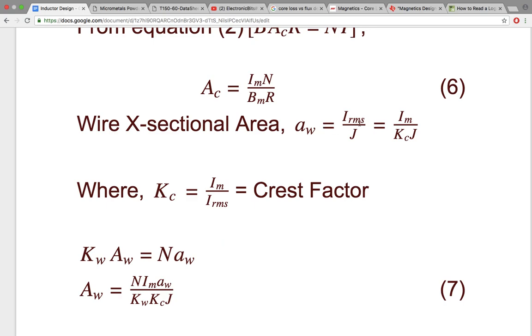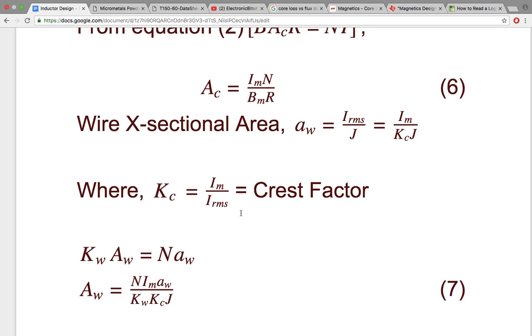We design for some RMS current or the maximum current. So this is Irms divided by the current density J, and we can replace Irms by Im by Kc, where Kc is the crest factor, defined as Im by Irms.